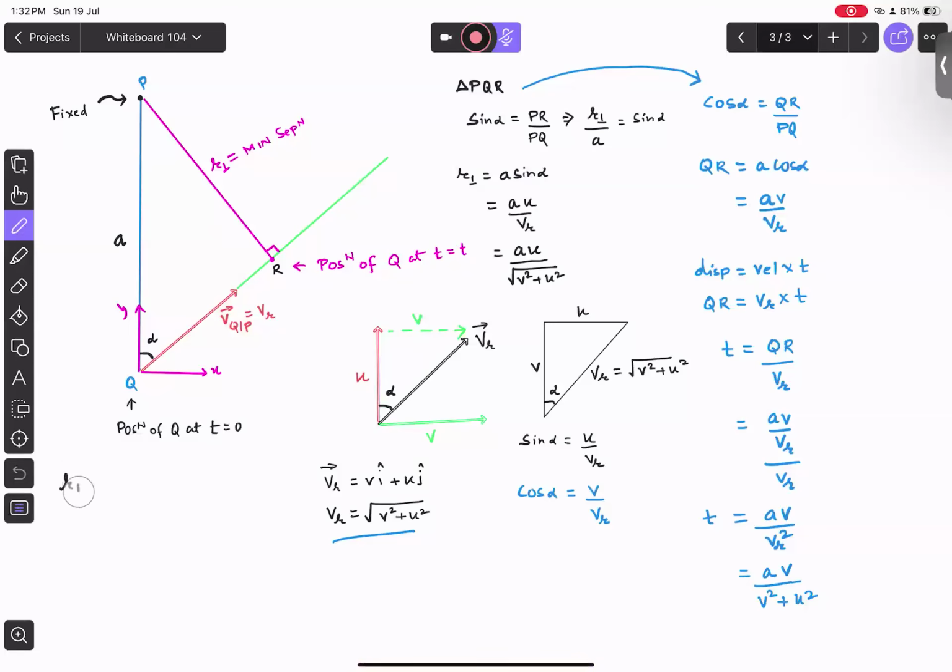So R perpendicular is the perpendicular drop from P to the line on which Q travels when seen from the frame of P.